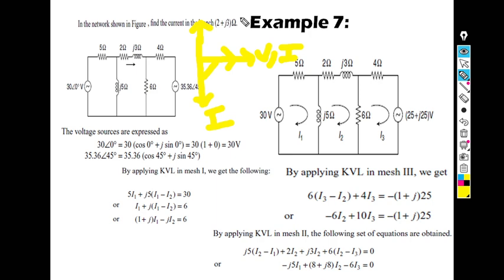So right now what we have to remember is the current and voltage relation. For a pure inductor, the relation between voltage and current is 90-degree lagging, and in case of a capacitor, the current is 90-degree leading.